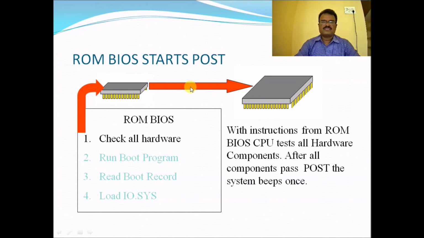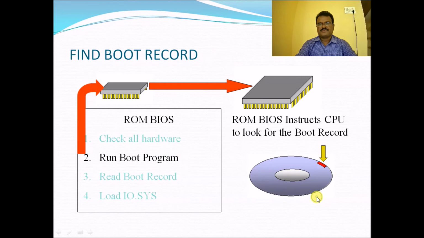Here the ROM BIOS starts first. There are four steps. Check all hardware, that is nothing but POST, run bootstrap program, read boot record and load IO.SYS. In the first step, following the instructions from the ROM BIOS, the CPU tests all hardware components. After all components pass POST, the system beeps once.